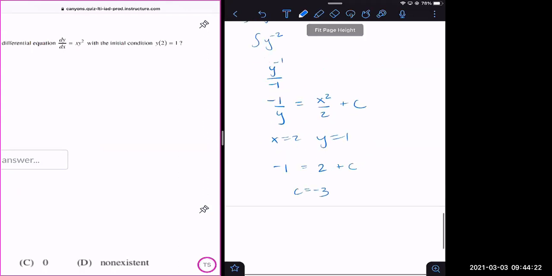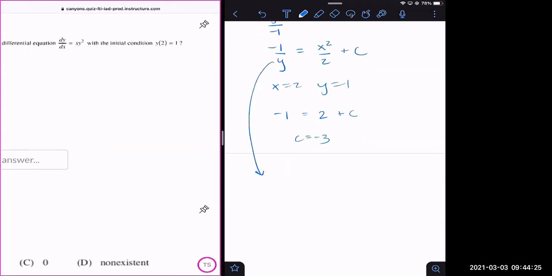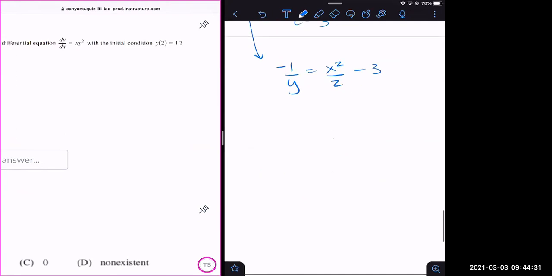So the tricky part comes on the next part. We've got -1/y equals x squared over 2 minus 3. I need to get y by itself, but since y is in the denominator, I'd love to flip that fraction, which I can do if I can make the other side a fraction. Right now that 3 is over 1. If I can write this side as one fraction, then I can flip the whole fraction.